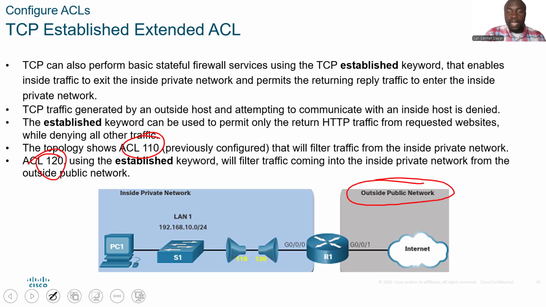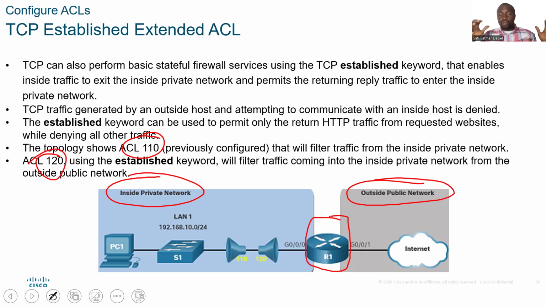This is the outside public network. Invariably, that's the internet. Okay. This is the inside private network. Invariably, that is our local area network. That is our LAN. Now, this is our edge router. The edge router is the router that sits in between your public network and your private network. That's your edge router.